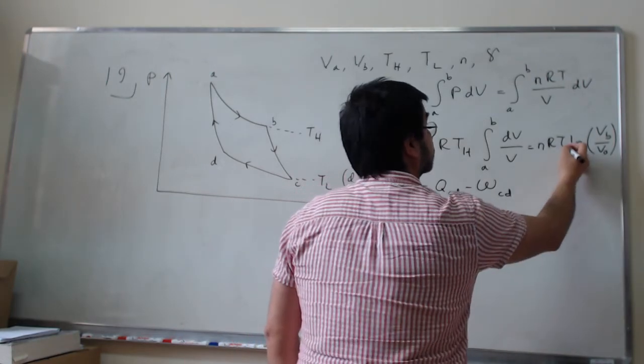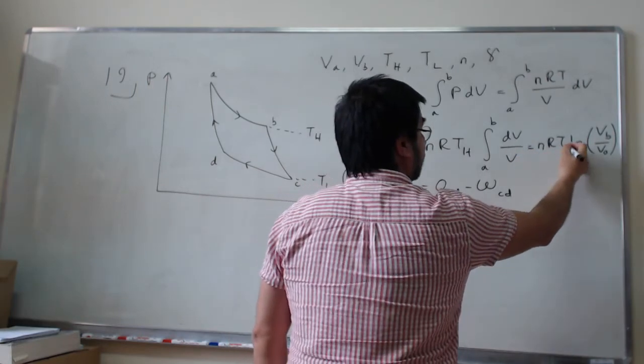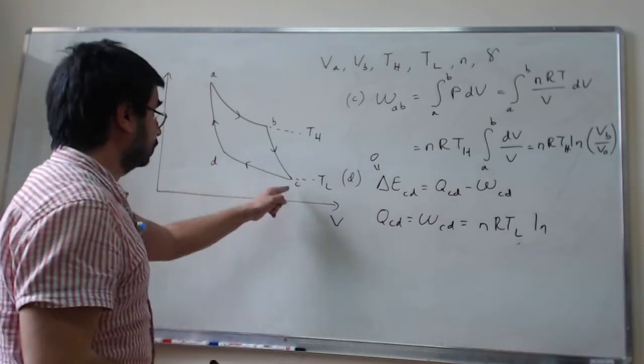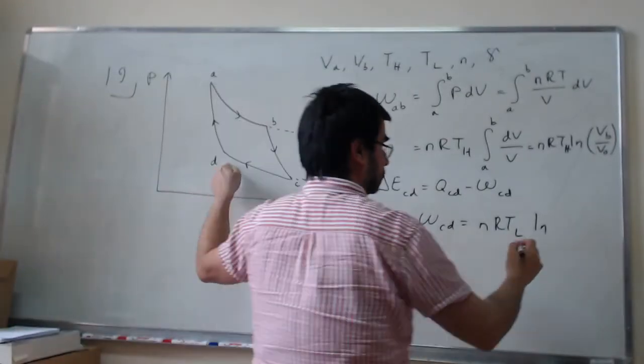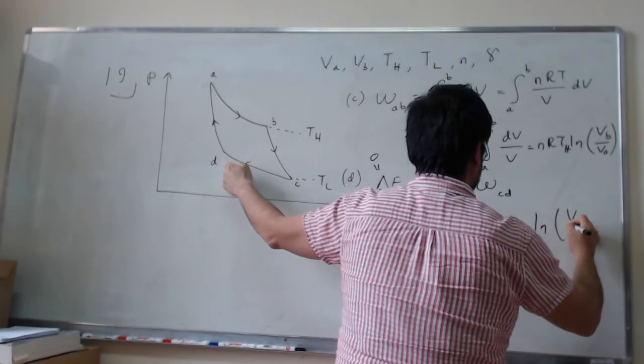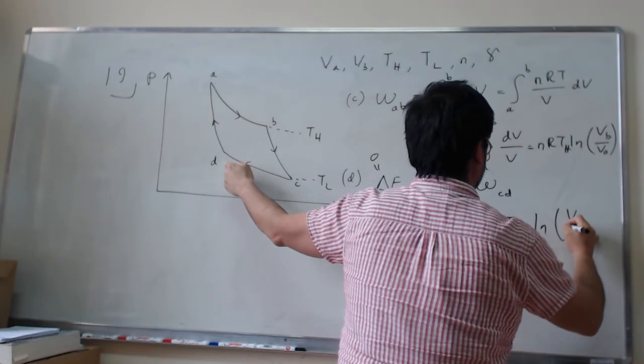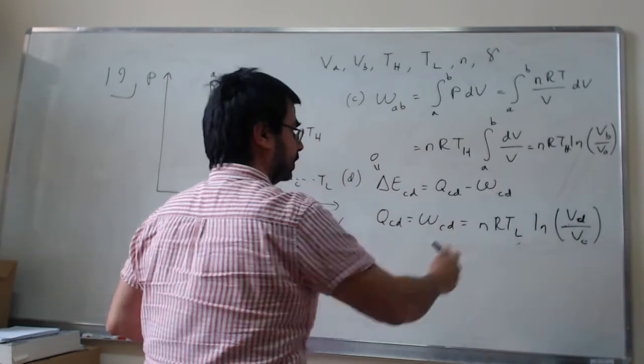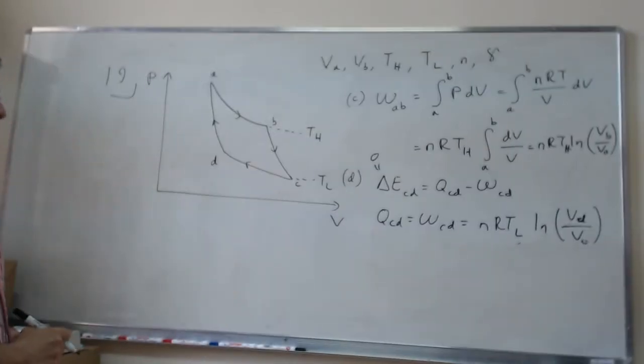Now this time, so this was from A to B, this is T_high. This is going to be T_low, because now we are talking about this curve, the lower temperature, and it's going to be log of VD by VC. Yeah, just in complete analogy with the previous part.